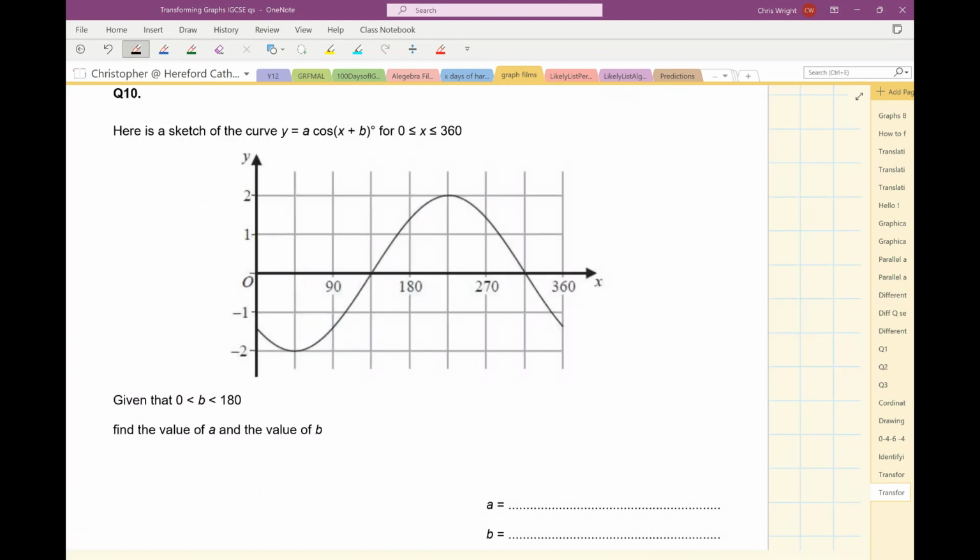Question 10. Here is a sketch of y equals a cos of x plus b. Given that b lies between 0 and 180, find the value of a and the value of b. Well, let's start off by drawing y equals cos of x. Now, y equals cos of x is this graph here.